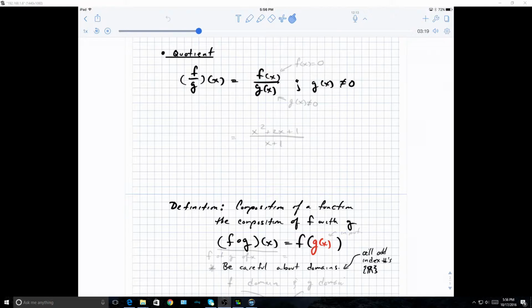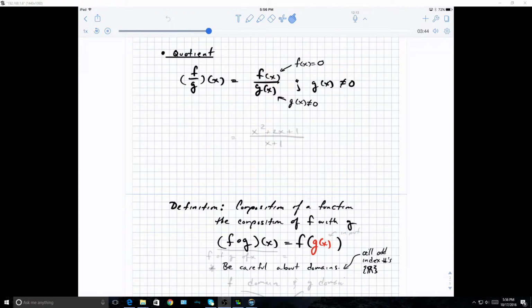Now, there's a couple fundamentals here. If we ever want the whole quotient to be 0, all we have to do is set f of x equal to 0. If we want to know what the domain cannot be equal to, we set g of x not equal to 0. This will tell us all of the values that will not be accepted.